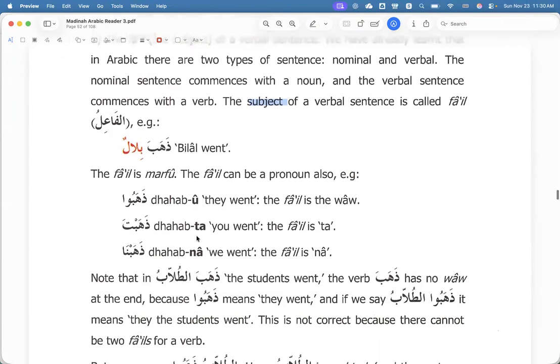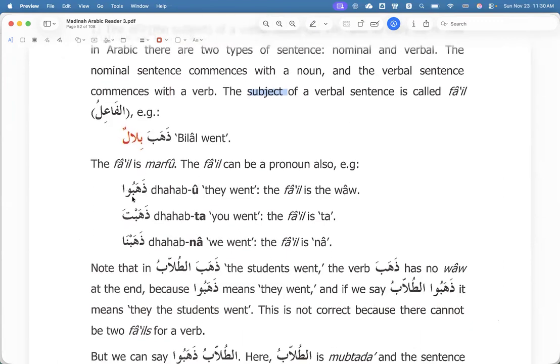Same thing with ذهبوا. الطلاب ذهبوا. The students went. زينب ذهبت. And since this is ذهبت, you, I'm talking to somebody, so I will say أنت ذهبت. نحن ذهبنا. Okay, that's fine.